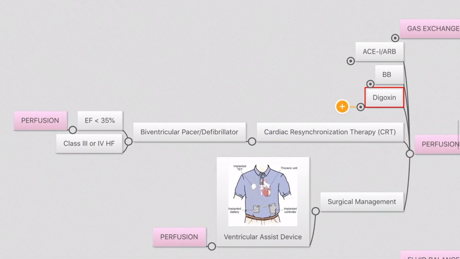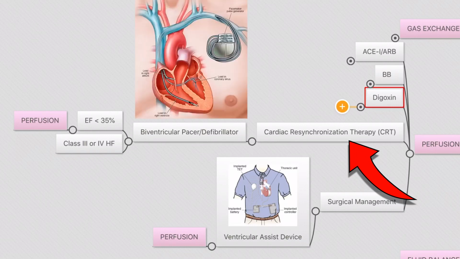Now, for non-pharmacological therapy, there's the cardiac resynchronization therapy. We call it a biventricular pacer/defibrillator. So basically, this device has electrodes that are surgically inserted into the heart, and that helps with contraction of the ventricles.